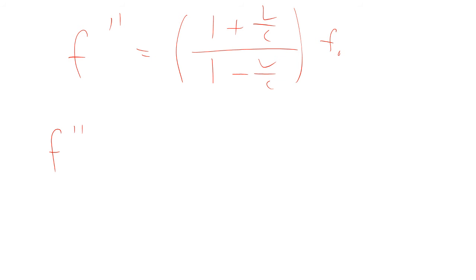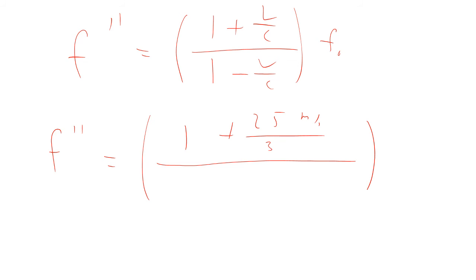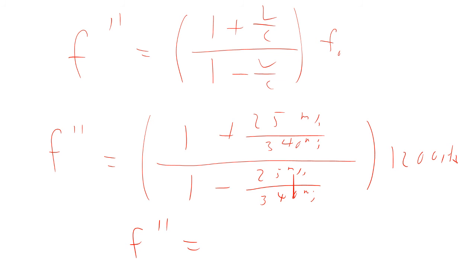So the sound that's heard is equal to 1 plus 25 meters per second over 340 meters per second, divided by 1 minus 25 meters per second over 340 meters per second, times 1200 hertz. And so the sound that they hear is going to be 1390 hertz.